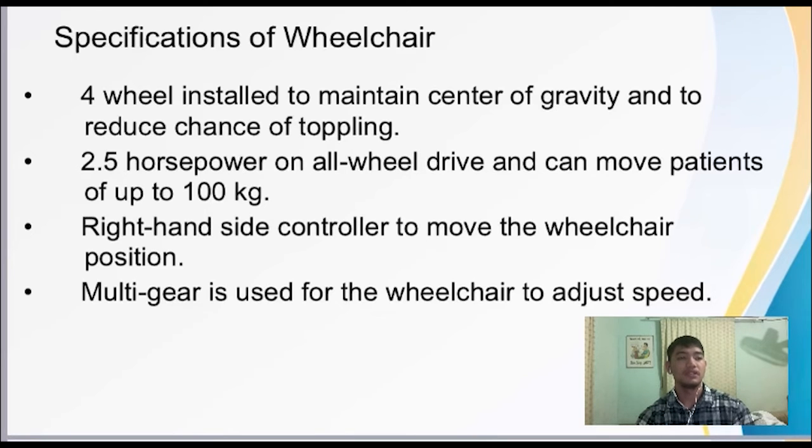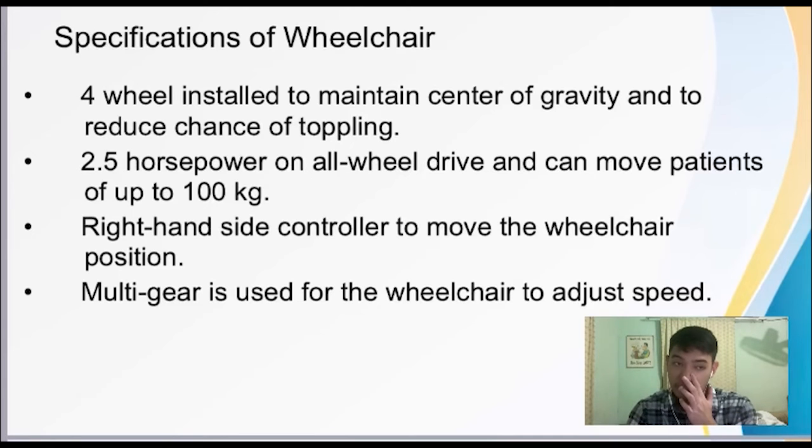The third one is that there is a right-hand side controller to move the wheelchair position. The patient can move the wheelchair any way they want by using the controller given on the wheelchair. The fourth one is that multi-gear is used for the wheelchair to adjust speed.